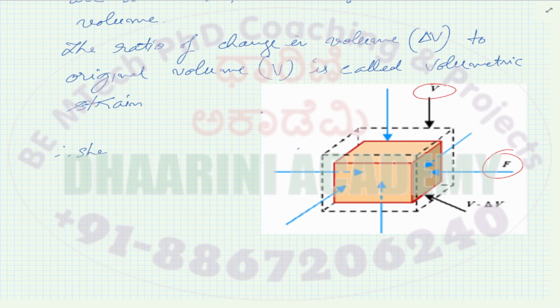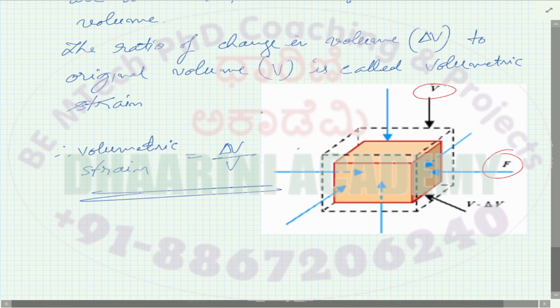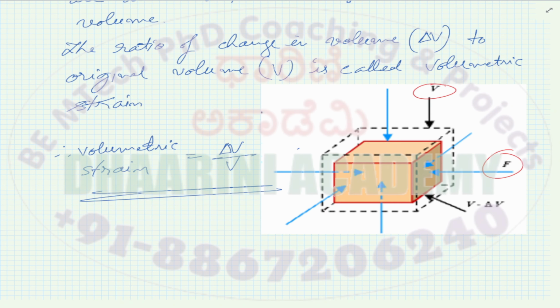Therefore the volumetric strain should be equal to delta V by V. That's how we define the specific volumetric strain of a body.